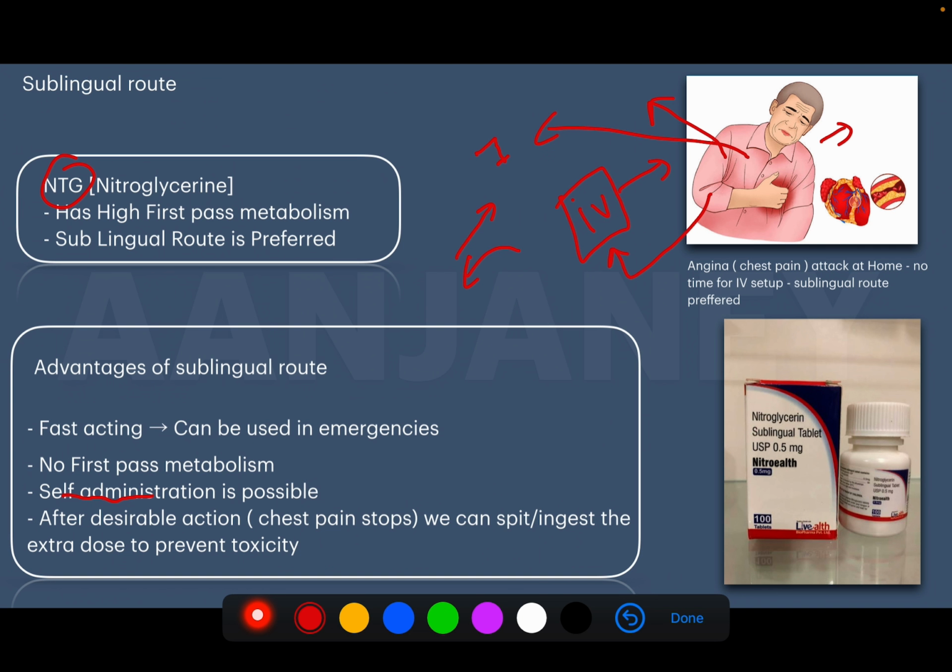The drug did its job. The chest pain was relieved. After that I don't want more drug to go in my circulation because the job is over, right? So I can directly spit it out of my mouth, or even if I ingest it, my liver is going to break it down. So after the desirable action is done, I can prevent the toxicity by myself also in the sublingual route.